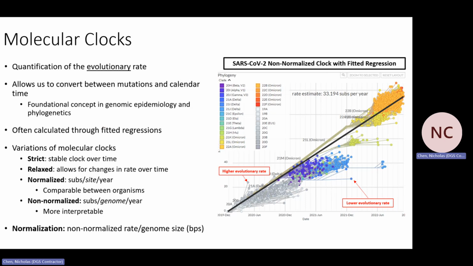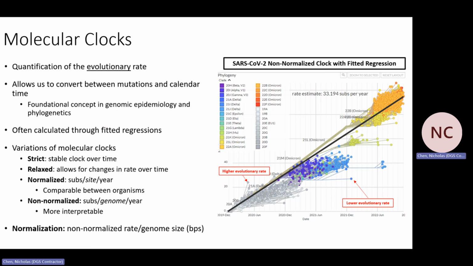Translating this to epidemiology, if we know that the average time it takes for a certain pathogen to be transmitted from one person to another is a month, and we know the evolutionary rate is, say, 12 SNPs a year, or about 1 SNP per month, we should expect to see 1 SNP difference between samples taken from directly related cases. If instead we find that 2 patients have samples that are dozens of SNPs apart, it's very unlikely that one case directly infected the other.